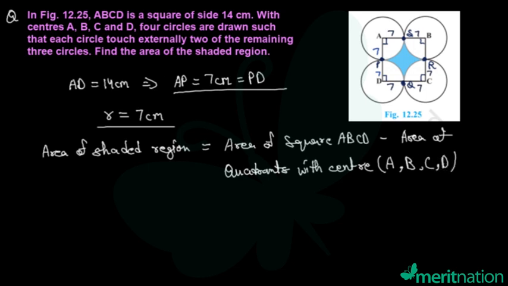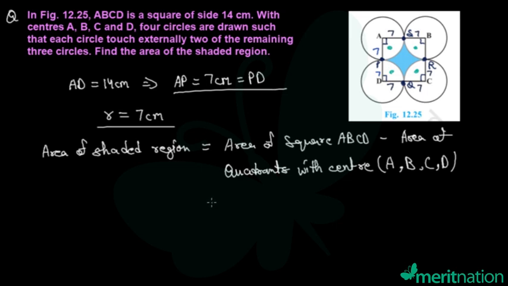Yes, that's correct. To find the area of this shaded region, from this large square ABCD we can just subtract the area of these 4 quadrants. For each of these quadrants, the radius is equal to 7 centimeters.